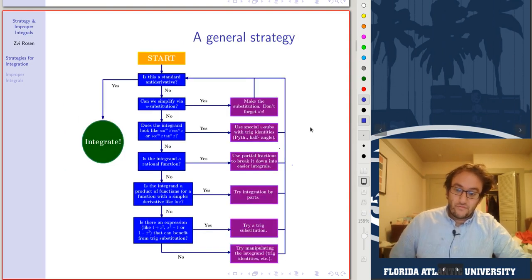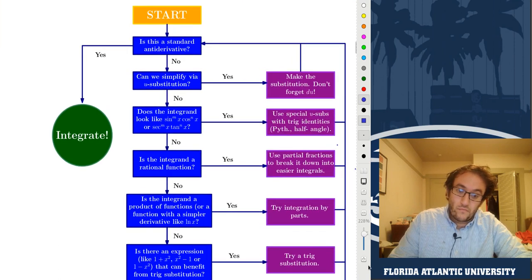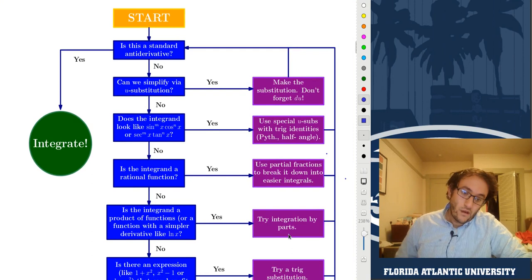And here's a little flow chart that might be helpful, and we'll zoom in so you can see it more clearly. When we approach an integral, our first question should be, is this a standard antiderivative that I can just plug into the formula?